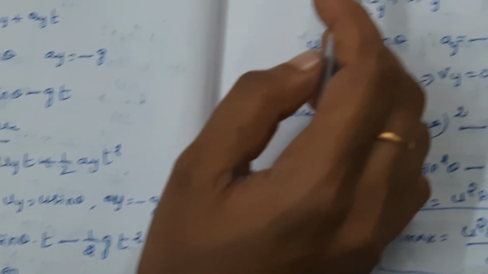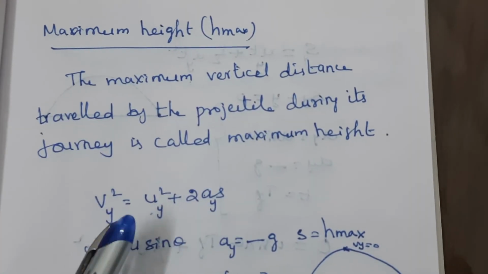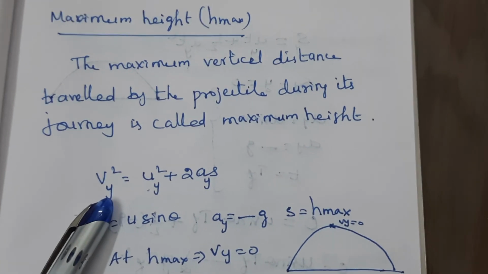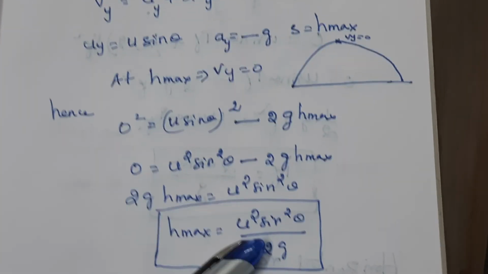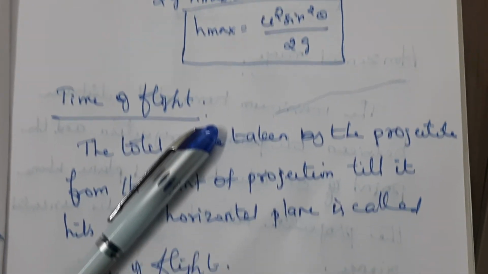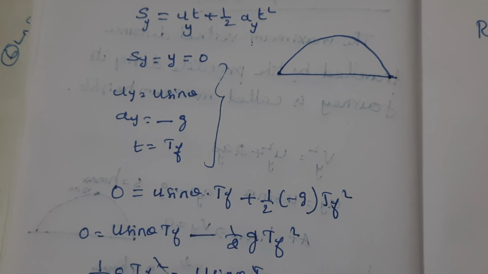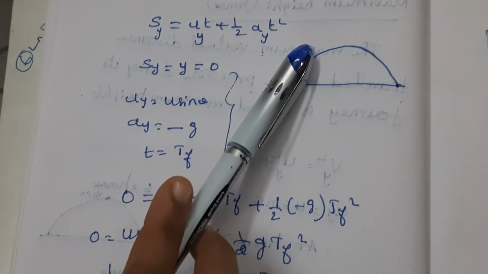The next, maximum height, h max. It can be obtained from the relation v square equal to u square plus 2as in the vertical direction. So h max is equal to u square sin square theta by 2g. Then time of flight. Time of flight is obtained from sy equal to uy t plus half ay t square.